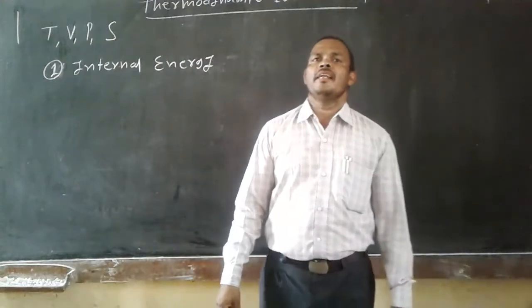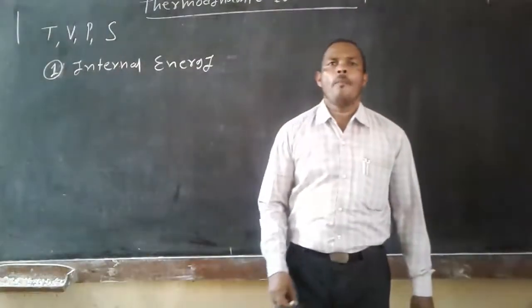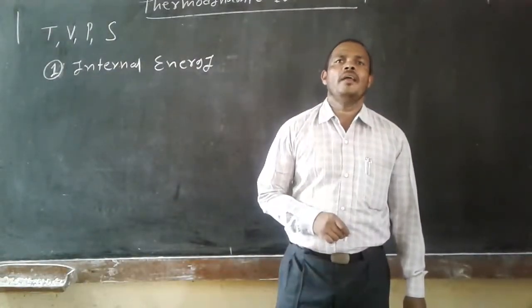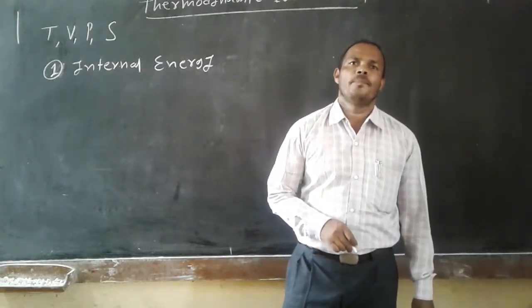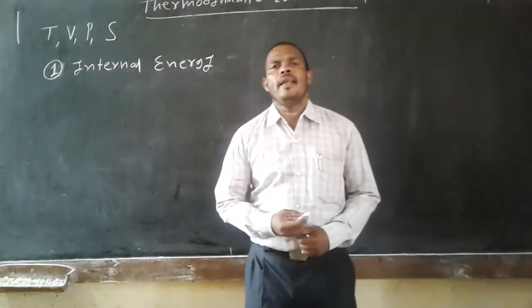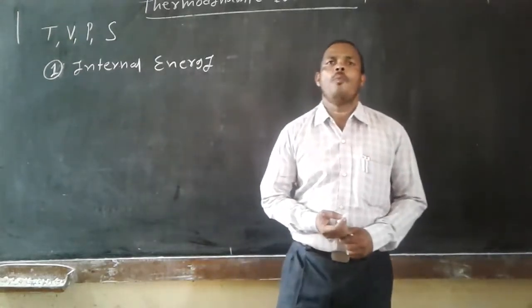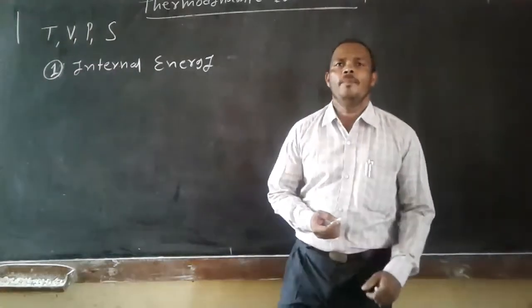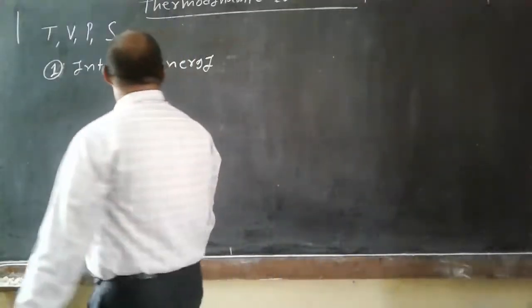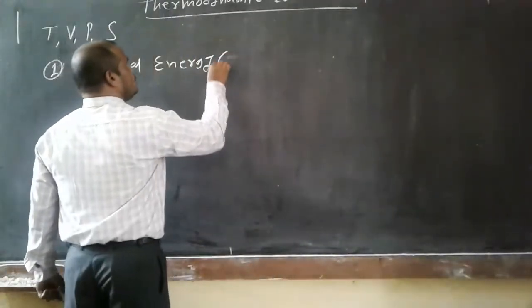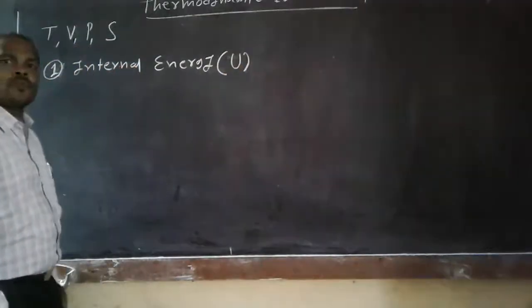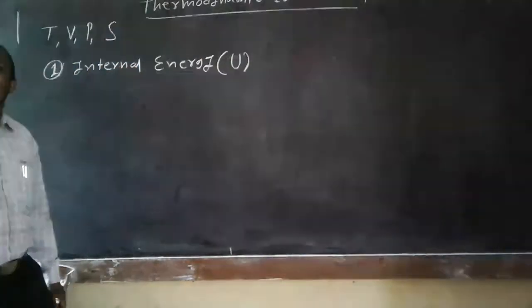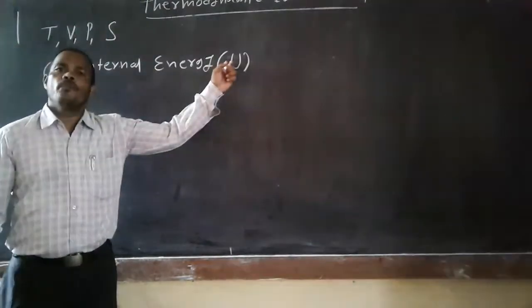Internal energy is the sum of kinetic and potential energy of all the molecules in the system. It is denoted by the symbol U.